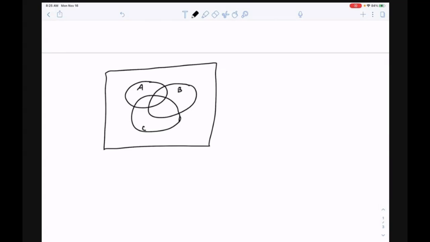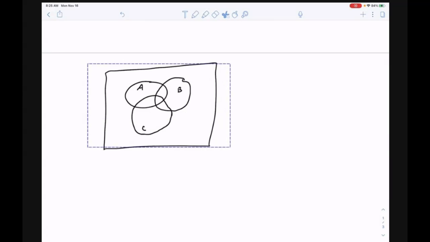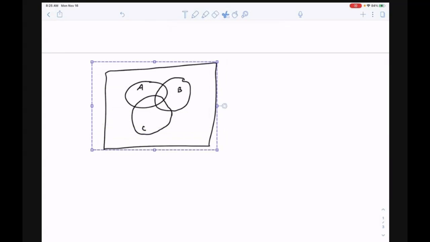You just want to have all three intersecting in some capacity. I can see that this one right here is a little too much, so I'll just adjust it for the purposes of our notes, because we're going to keep using this over and over. That's good enough. And I am going to copy this because we are going to draw many of these over and over and over.